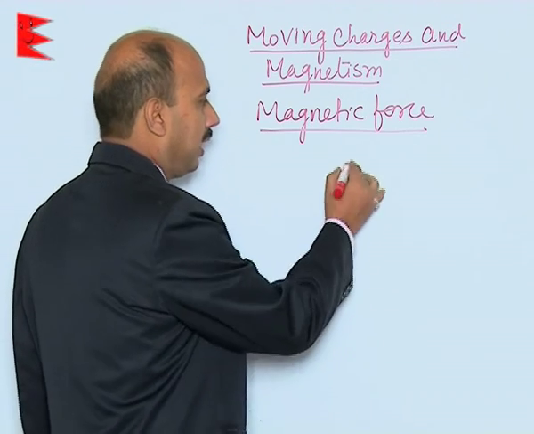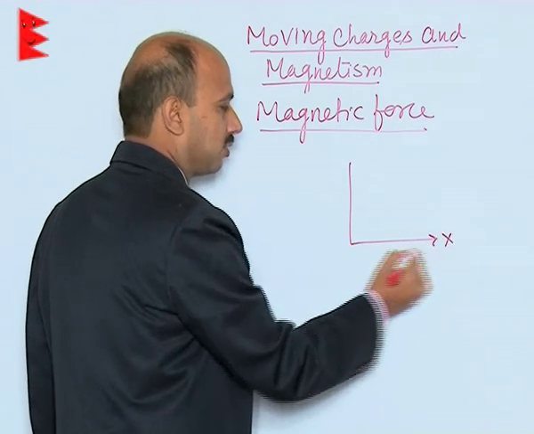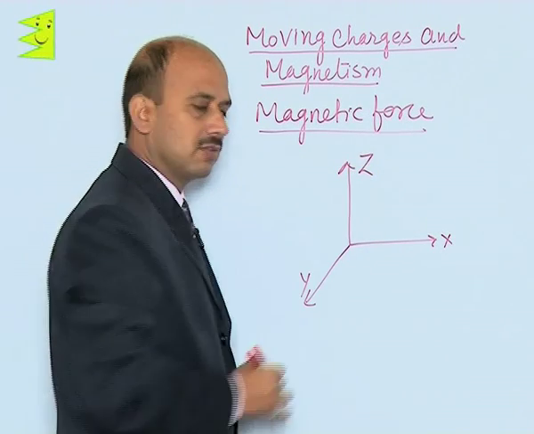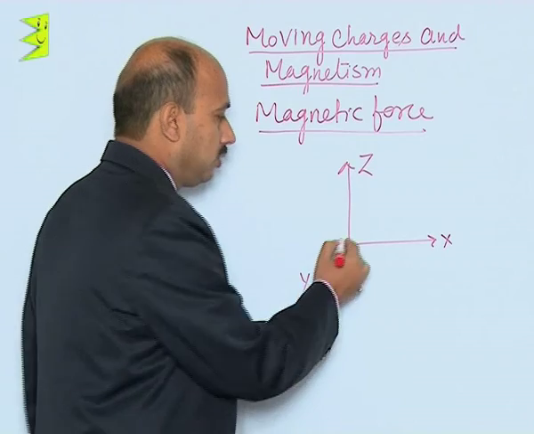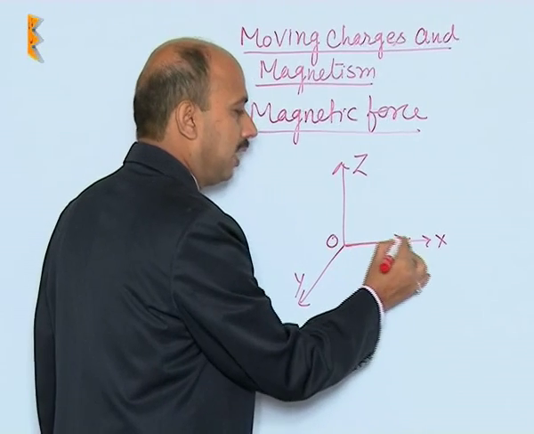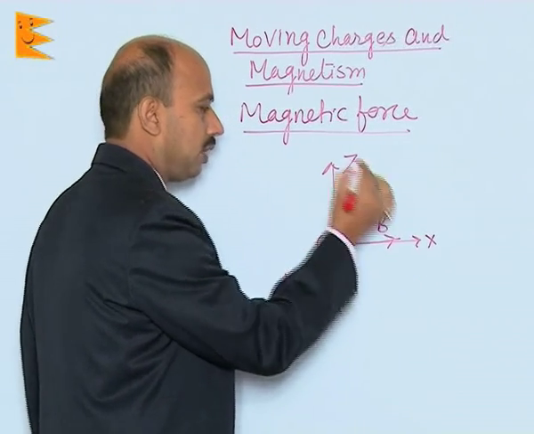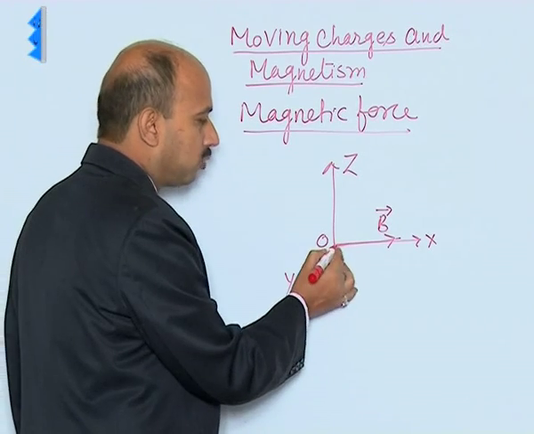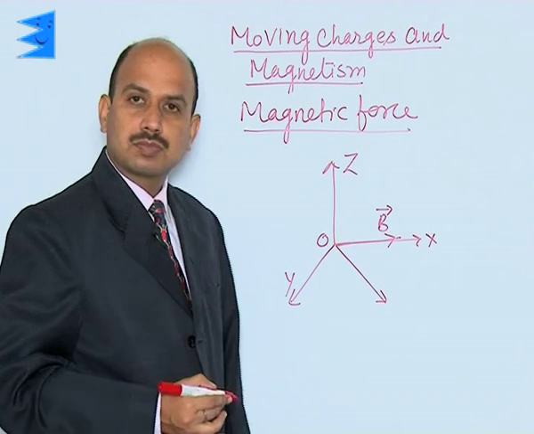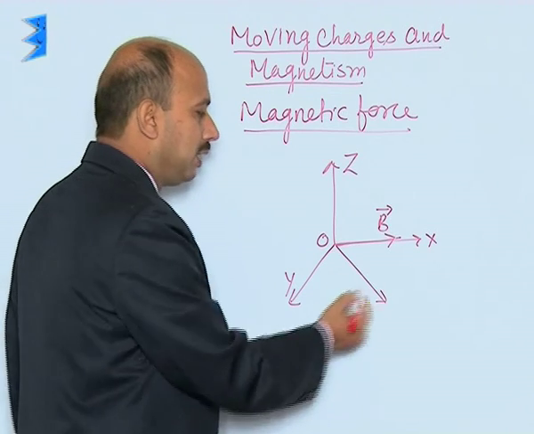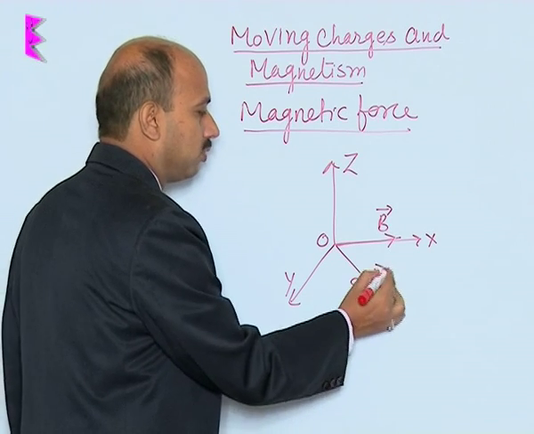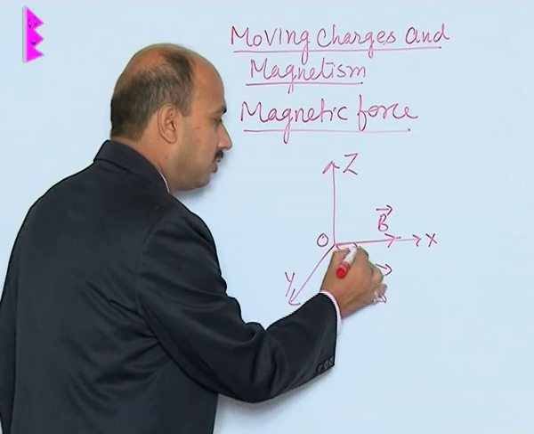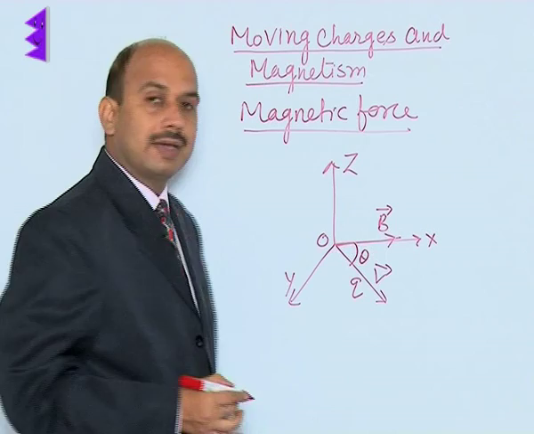Suppose you have taken axes like this: this is the x axis, this is the y axis, and this is the z axis. Suppose the magnetic field is acting along the x axis, and a charged particle q is moving in the xy plane with velocity v, and this angle is theta with the x axis, or with the magnetic field.